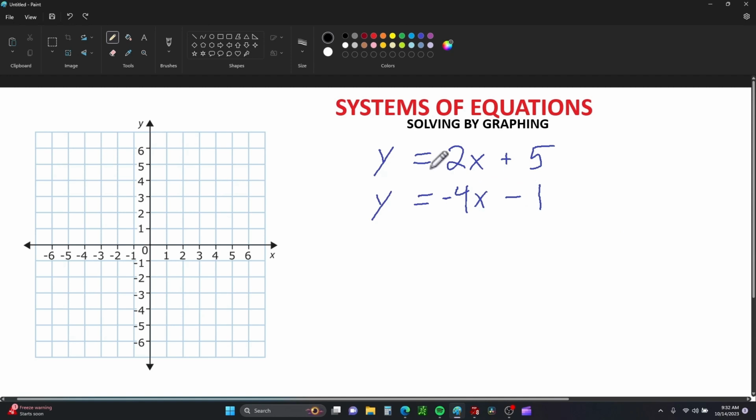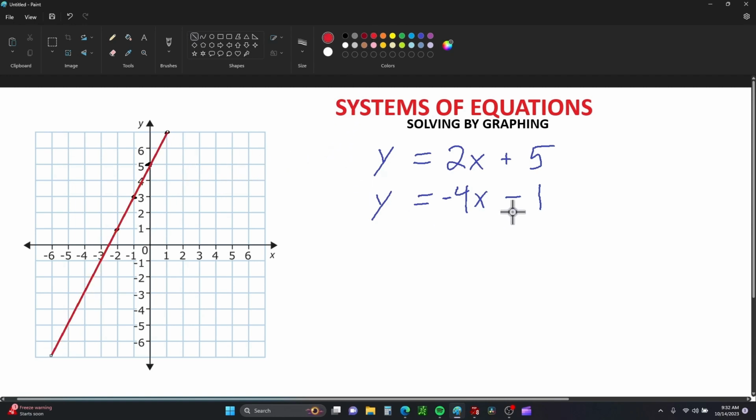So in order to solve the system of equations here by graphing, what I want to do is graph this. I know my y-intercept is +5, and then the slope is up 2/1. And then when I connect those dots for the first graph, we get that.